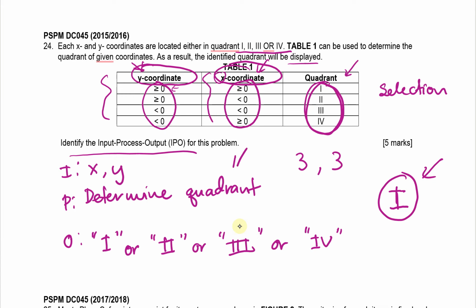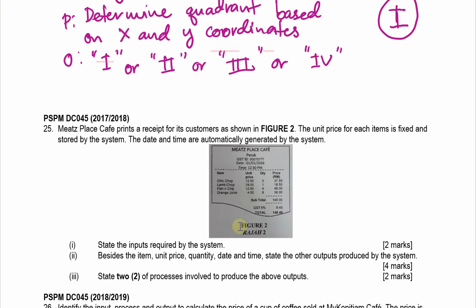Here I just write it as determine quadrant, understood it is a 1, 2, 3 or 4 Roman, based on x and y, or x and y coordinate is also acceptable. In process you can write as n. Okay, next.